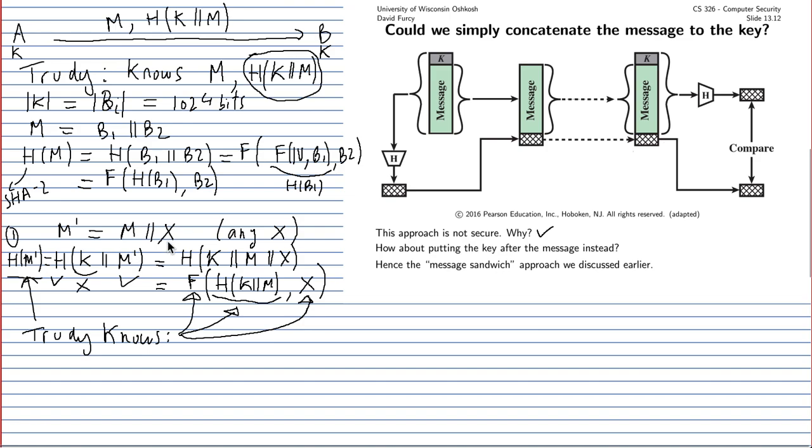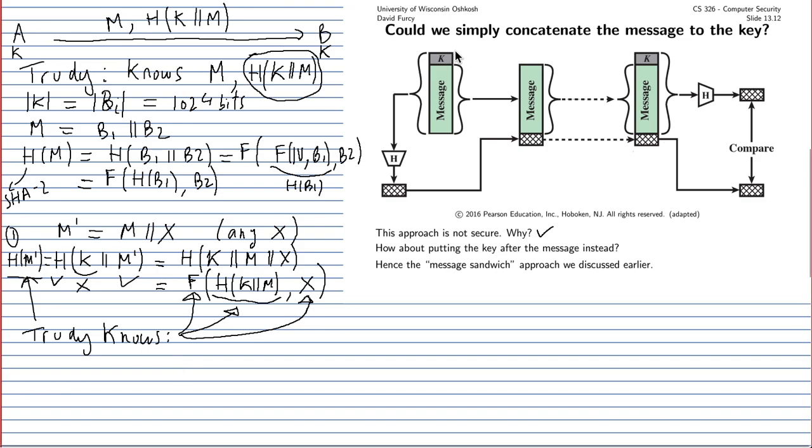By adding a double zero to the message, she would make Alice say, I owe you $2,000 to Bob. So Trudy could create this message and the authentication code that goes with it, send that to Bob, and Bob would not notice anything at all. It would look like this message is coming from Alice because it was hashed with apparently the key that only Alice and Bob know. So this is a well-known attack on this kind of approaches.